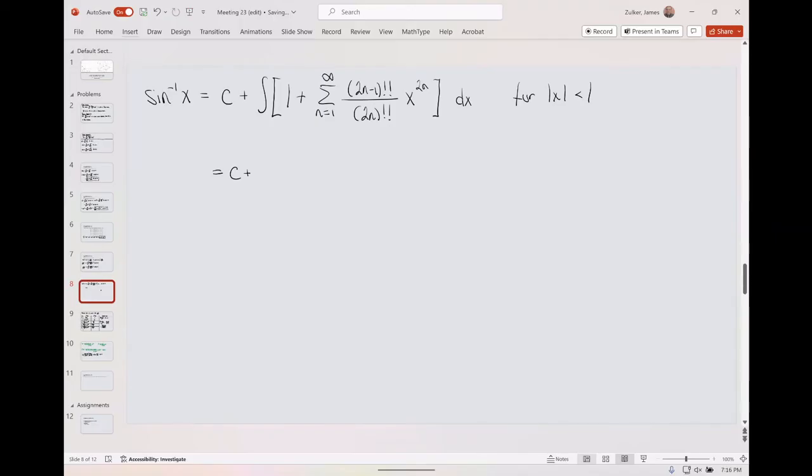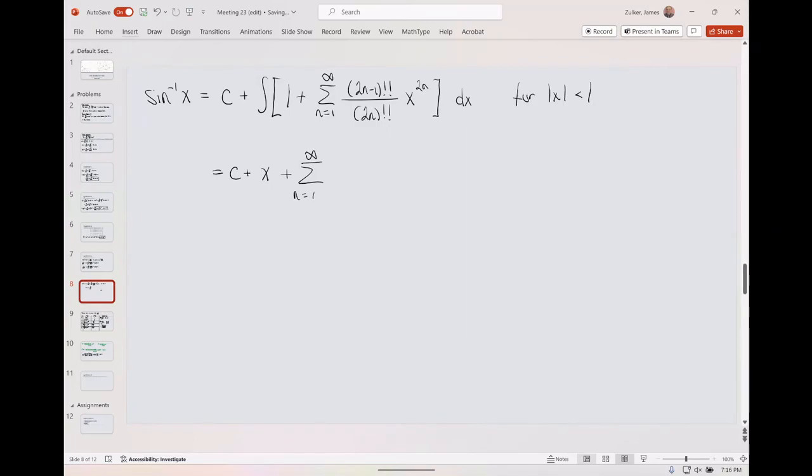What is the antiderivative of 1? 1. So, it's just x. Now remember, when you take antiderivatives of sums, it's the sum of the antiderivatives, and you don't lose a term, right?